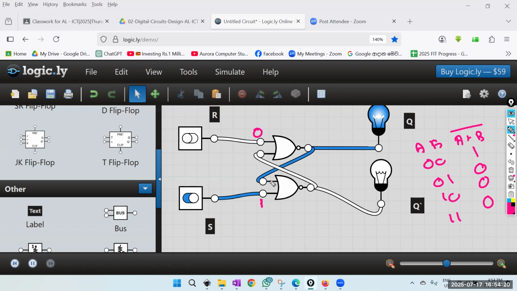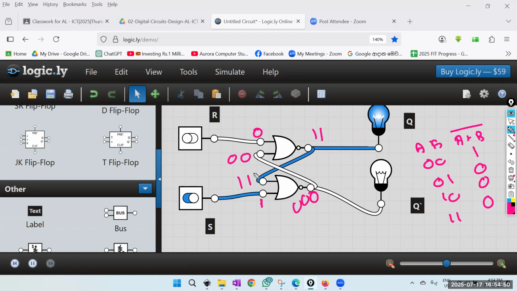But definitely I can tell about this one, because when at least one input is 1, the output is 0. Yes, this is 1, so this is 0. Now for the next cycle, this is 0, so both are 0 means 1, and that comes here. When both are 1, it is 0. That 0 goes there. When both are 0, it is 1, and that comes here. When both are 1, it is 0. So you can see it is set.